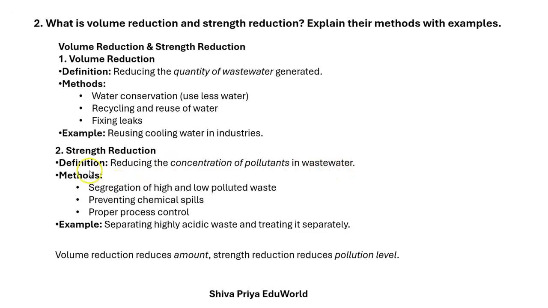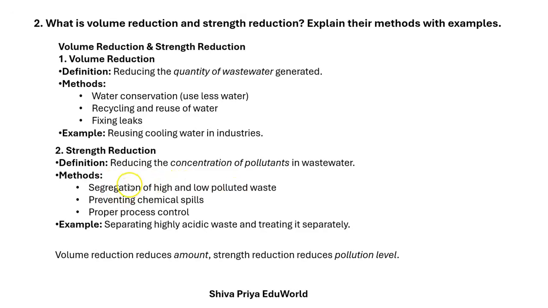Clear? Here the methods are segregation of high and low polluted wastes. They will segregate all the high and low polluted wastes, preventing chemical spills, along with proper process control. These are all the methods involved in strength reduction. For example, separating highly acidic waste and treating it separately.